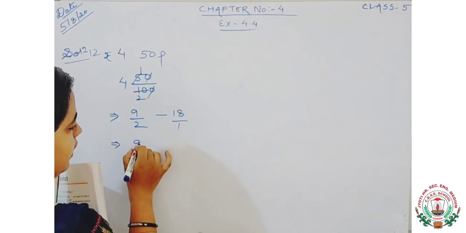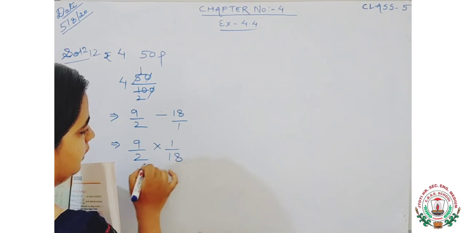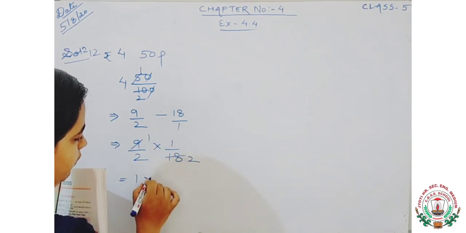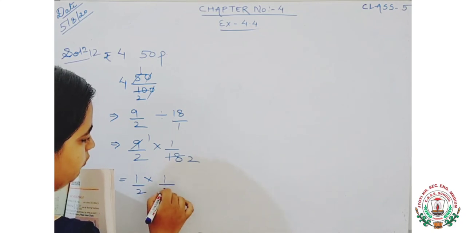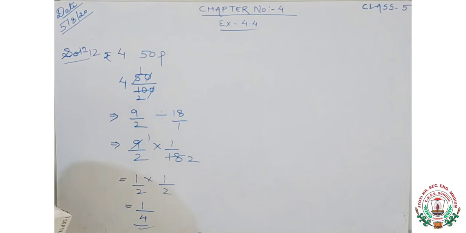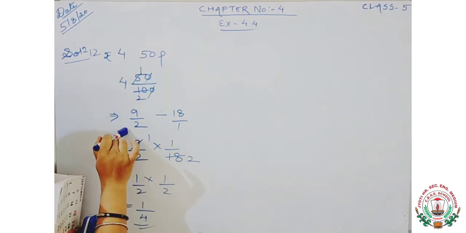Now solve this. 9 upon 2 multiplied by 1 upon 18. 9 ones are 9, 9 twos are 18. What is left out? 1 into 1 upon 2 into 2. So 1 upon 4. What will be the fraction of rupees 18? 1 upon 4. See children, first you will convert this 4 rupees 50 paise into a fraction.